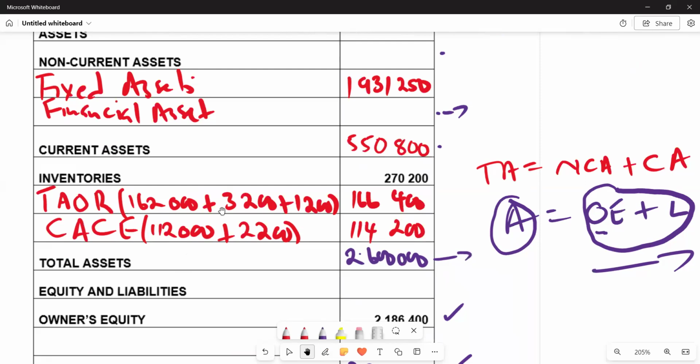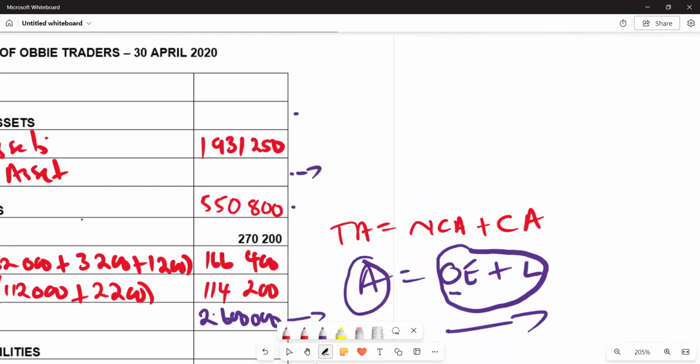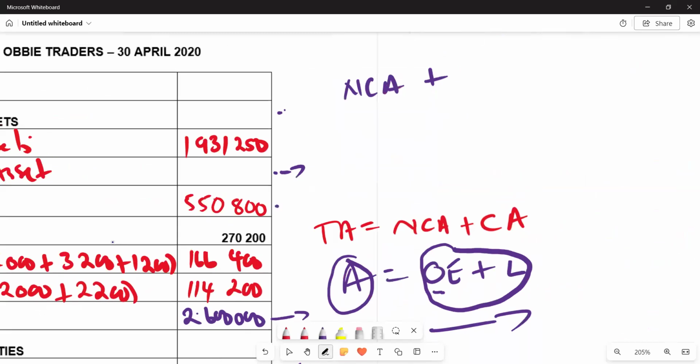So what we are saying here is that our non-current asset figure is the one that we don't have, and we add the current asset total, which we are given as 550,800.